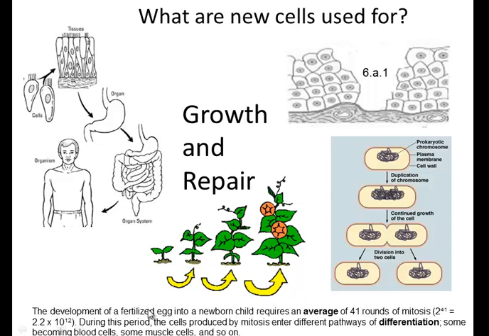Okay, and this one I actually put up there because I think the kids like to see this. The development of a fertilized egg in a newborn human child requires an average of 41 rounds of mitosis. So we actually go from 1 cell to 2 cells, and then to 4 cells, and 8 cells, and 16. Do that 41 times, and we end up with 2.2 times 10 to the 12th. Lots of cells, and then they all differentiate into the different organs.